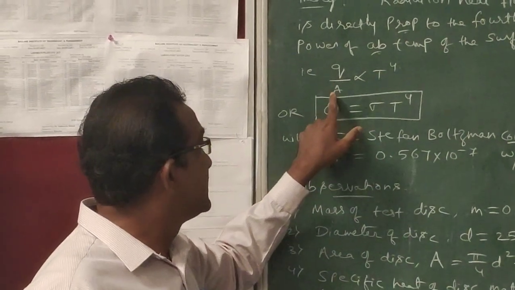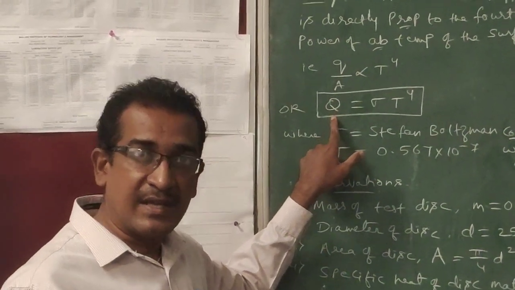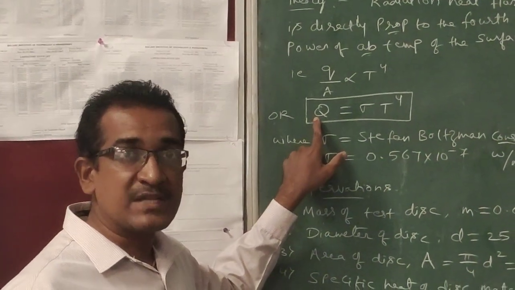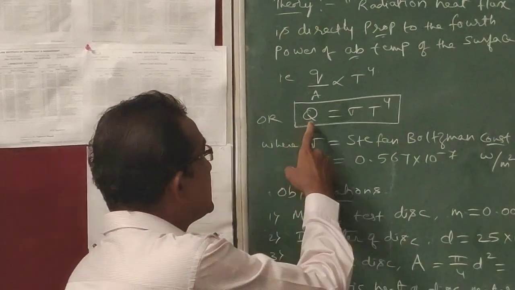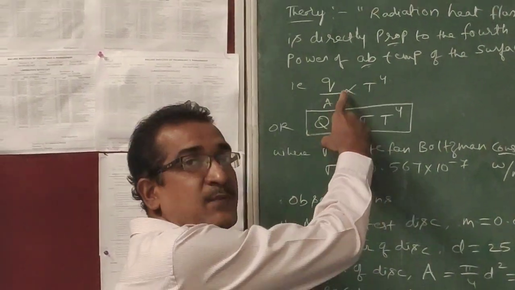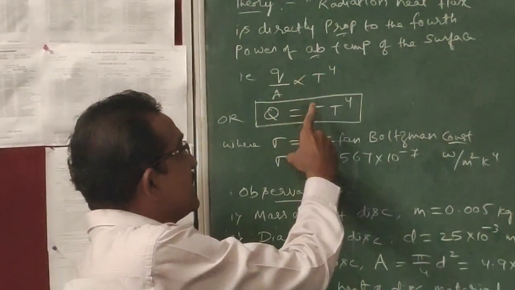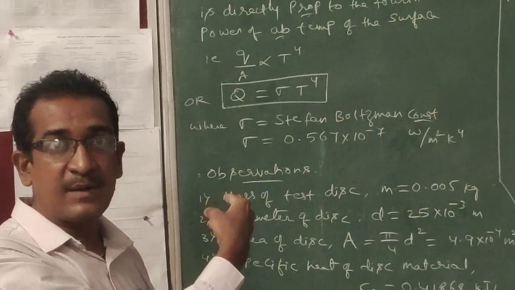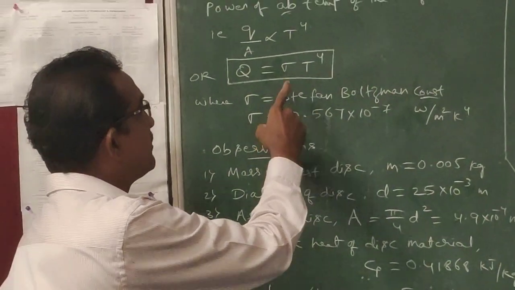Q by A, the radiation heat transfer, is directly proportional to the fourth power of the absolute temperature. To remove this proportionality, there should be some constant. That constant is called the Stefan Boltzmann constant, denoted by sigma.